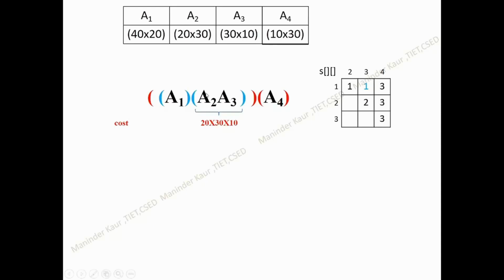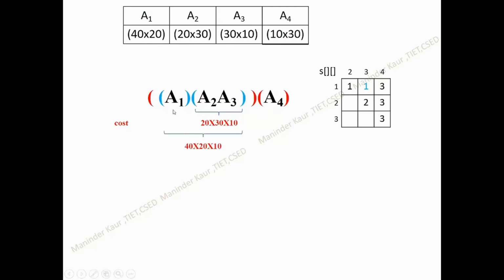After multiplication we get a matrix, and that matrix will be multiplied with A1. What are the dimensions of A1? That is 40 into 20. And the dimensions of the matrix A2, A3 will be 20 into 10 after multiplication. We are multiplying 40 into 20 with 20 into 10, and the cost of the same will be 40 into 20 into 10.